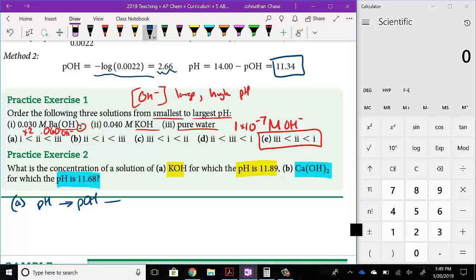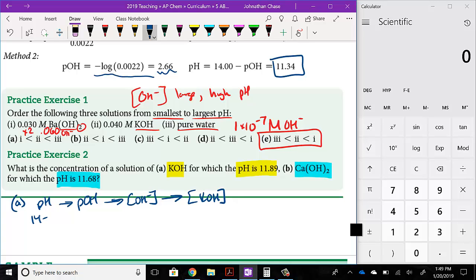Then from pOH, we can work our way to hydroxide concentration. And from hydroxide concentration, we go to the concentration of the original base, potassium hydroxide. So in terms of steps, pH to pOH, remember that we're going to take the starting pH and subtract it from 14 to get to pOH.